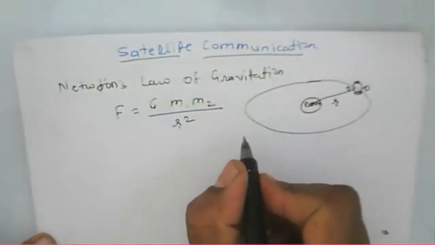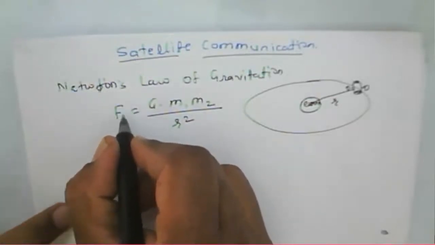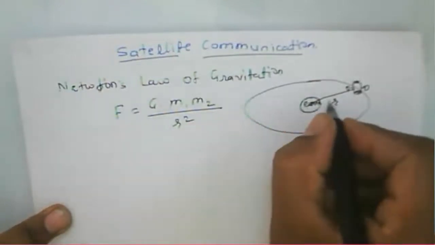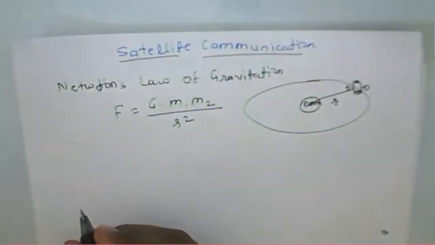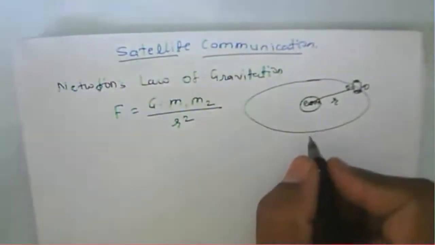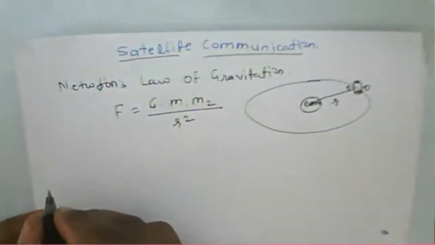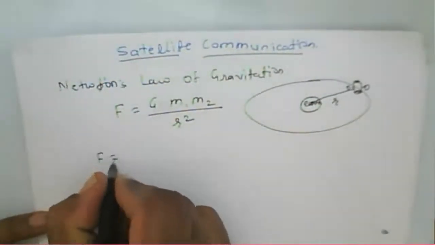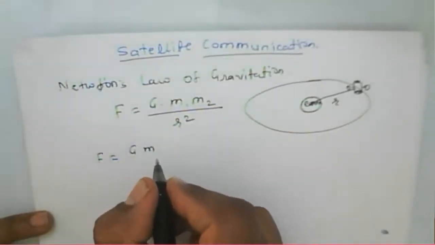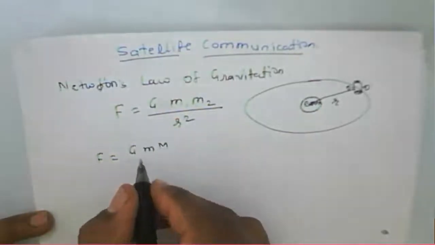Now you can see here the force of gravity, the law of gravitation. It is a force of attraction between these two bodies: one is the mass of the earth and one is the mass of the satellite. So we have seen in the last lecture that F is equal to G m M divided by R square. Here small m is the mass of the satellite, and capital M is the mass of the earth.